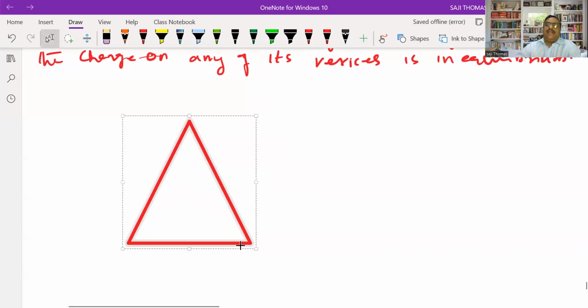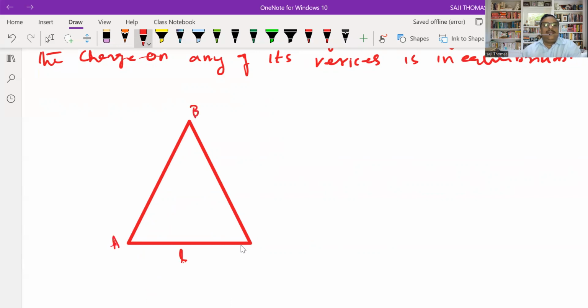Its side is L, given. Name the vertices A, B, and C. Now, charges Q, all charges Q only, are placed on the 3 vertices.